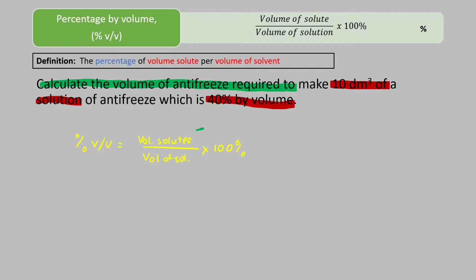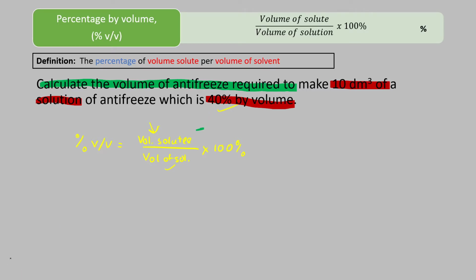The percentage is 40%. And the volume of solution is 10 dm³. So we need to find how much solute, like how much sugar you need to make sugar water where the sugar is 40% by volume.